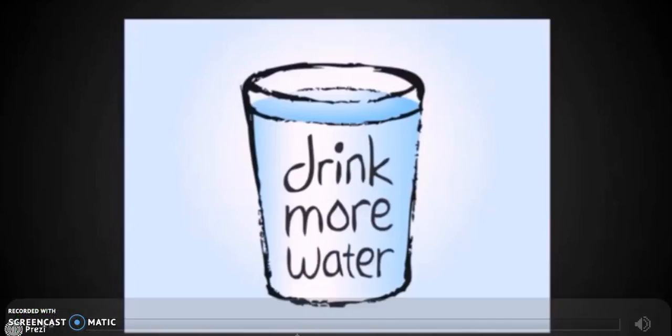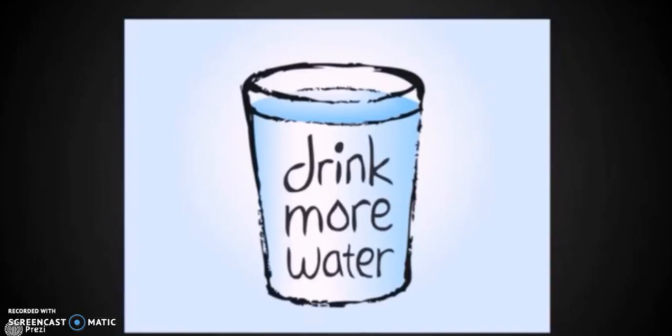The second way you can prevent diverticulitis attacks is to increase your water intake. And staying hydrated is important for everyone. It's especially important for people who tend to suffer from digestive issues.